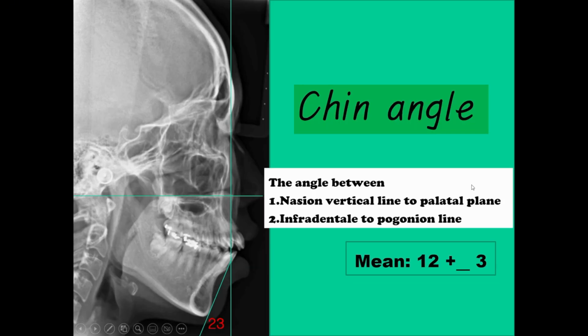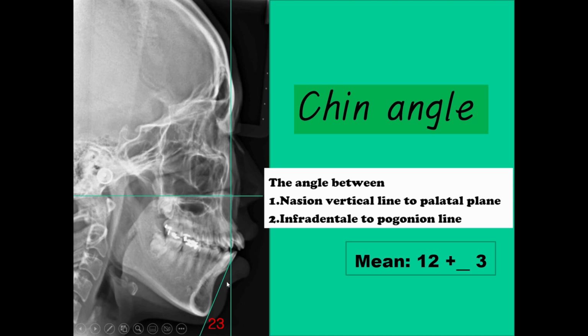So another one is the chin angle. First is the evaluation of soft tissue, and then the second one is the evaluation of chin shape. So it is composed of the Frankfurt plane and a vertical line to the Frankfurt plane.